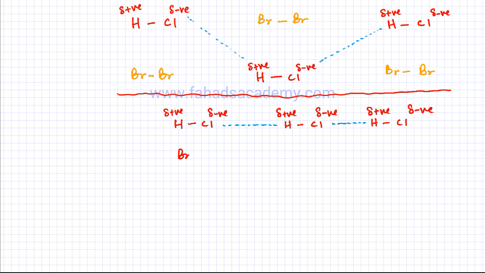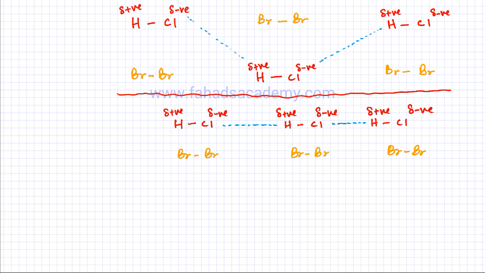Let me correct that. What's going to happen to the bromine molecules is that they would form a separate layer, because they're not attracting each other, but the HCl molecules are attracting each other. So they're going to push these bromine molecules out of the way.